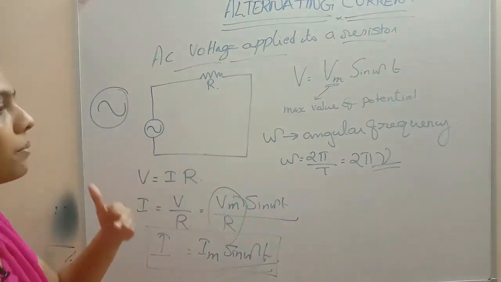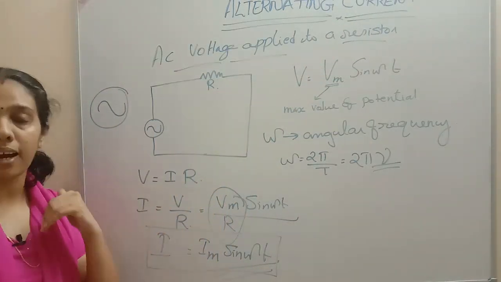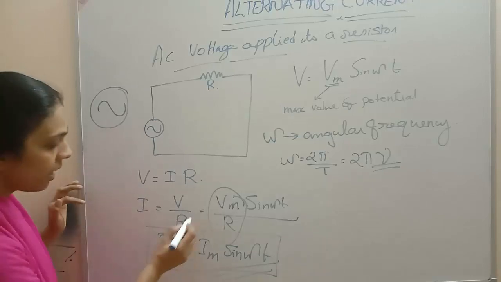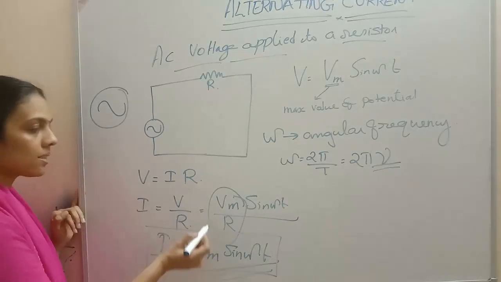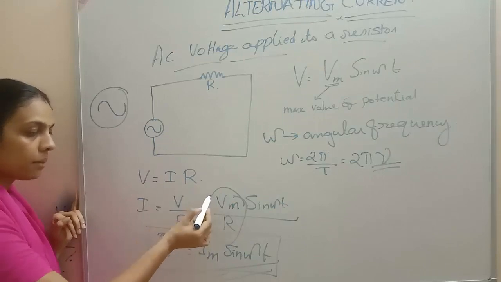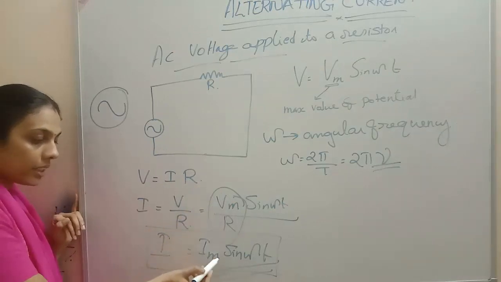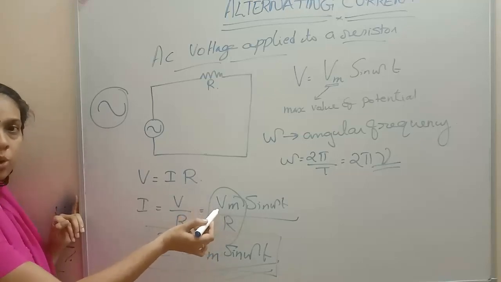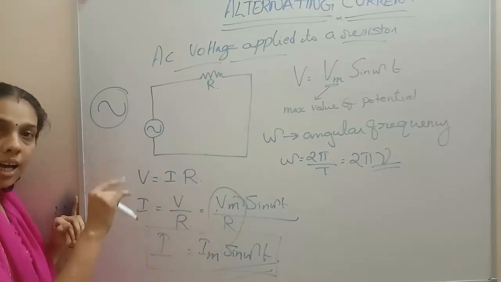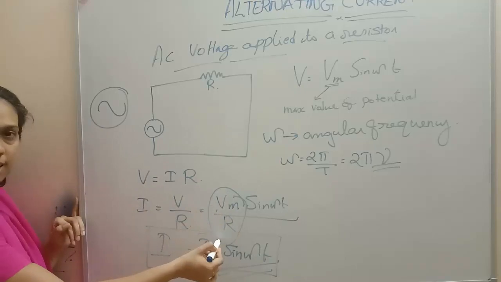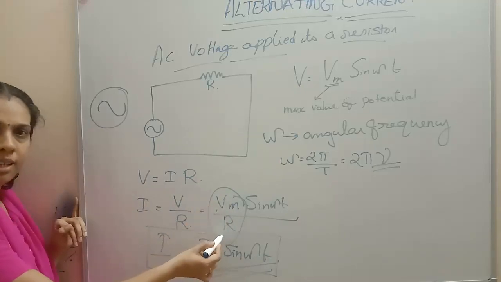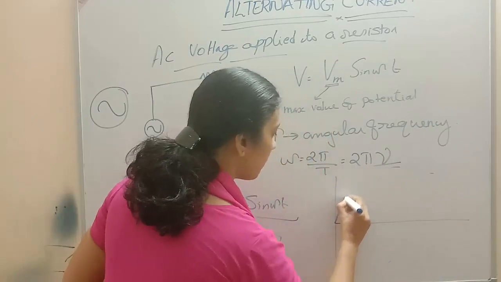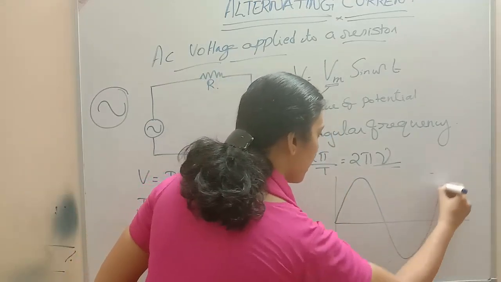Okay, if I represent this graphically, how will it change? See, while comparing Im and Vm, the Im value is smaller than the Vm value. By how much? It is decreased by a factor of 1 by R. Vm by R. So while drawing the graph, this Vm value will be more than the Im value.